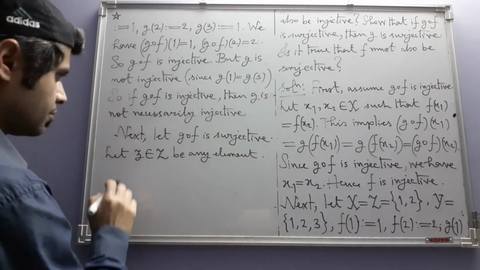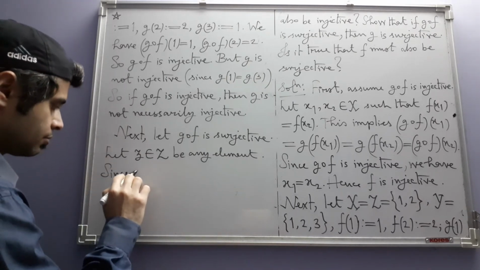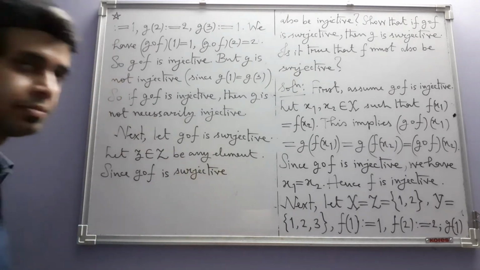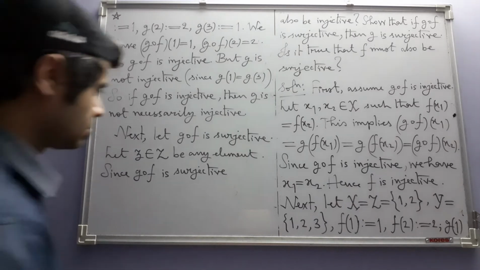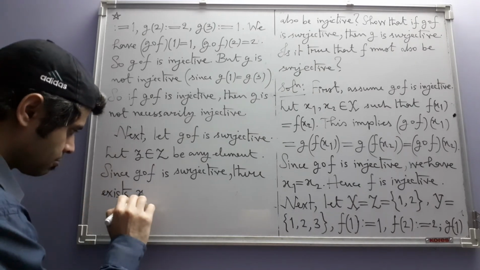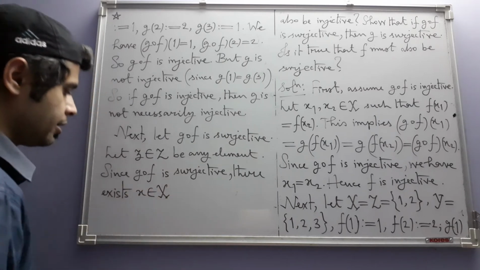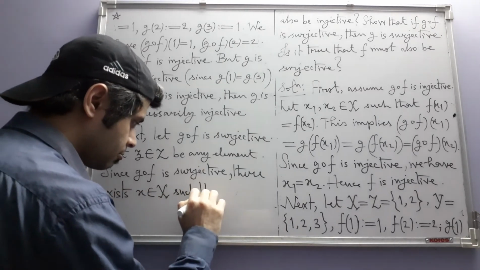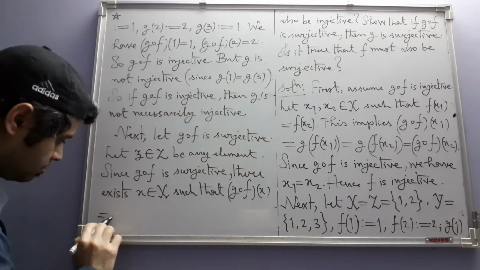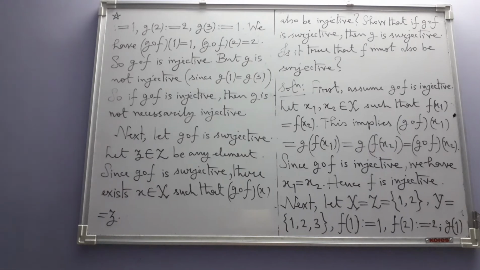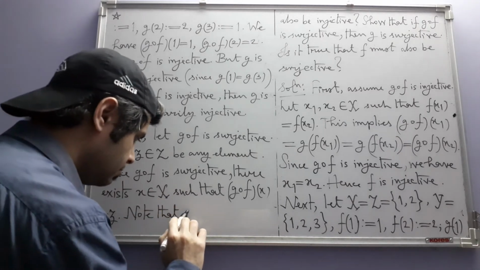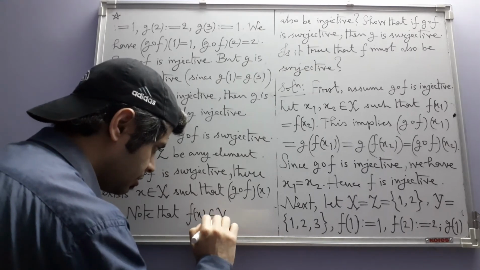That means we can write like this: since this is surjective, there exists an element X belonging to X such that G composition F of X is equal to Z. Note that Fx is an element in Y. Why?